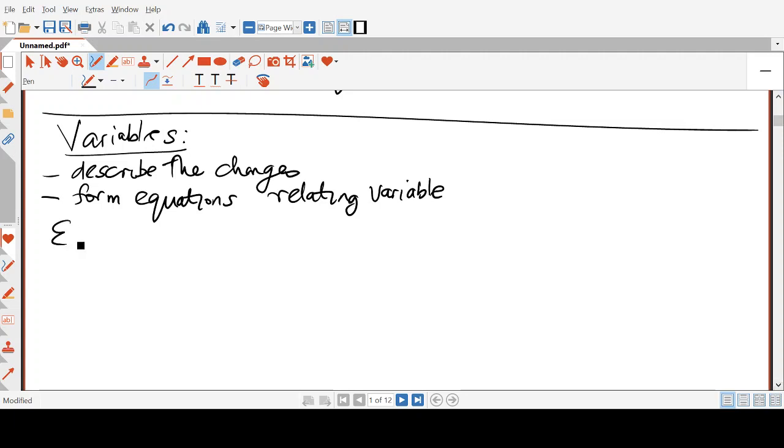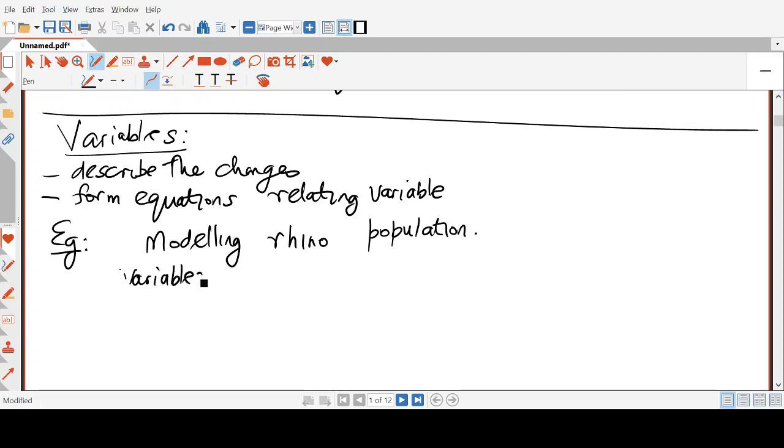Okay, let's take an example of modeling rhino population. So the variables might be, you want to measure in time.